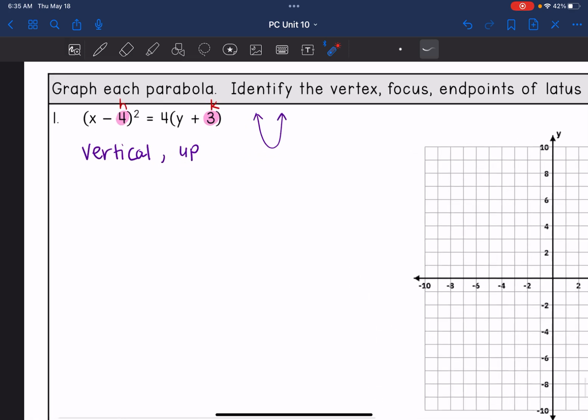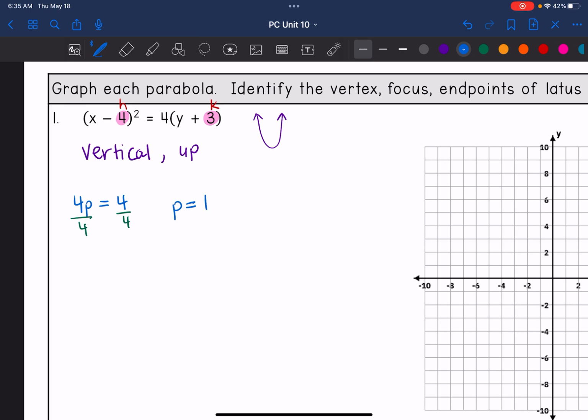So for us, we have that 4p equals 4. So if I wanted to solve for just regular p, I would divide both sides by 4, and that gives me that p equals 1.